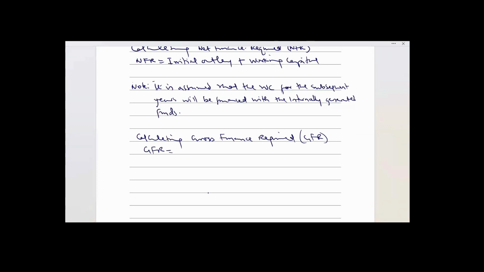GFR equal to the net finance required divided by 1 minus issue cost rates. Okay? 1 minus issue cost rates. So that's the formula you are going to use to get the gross finance required.